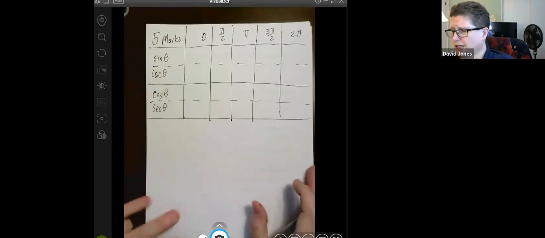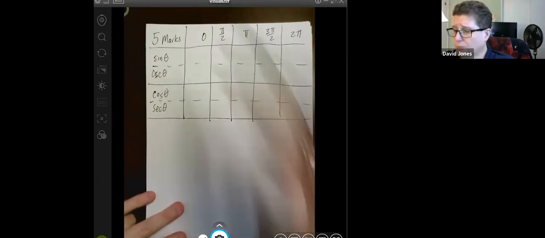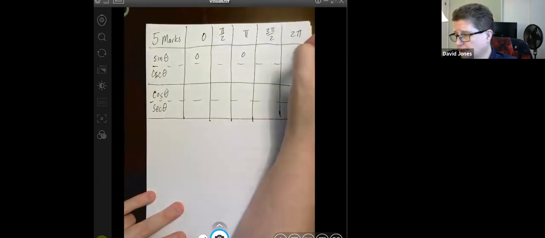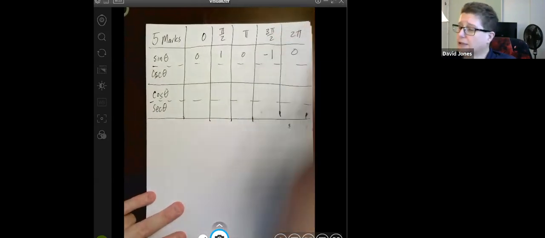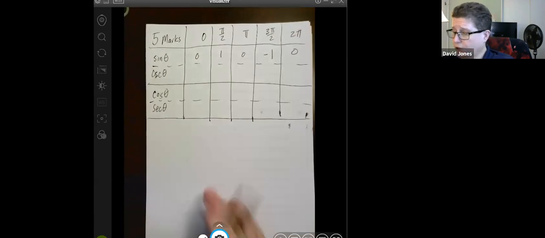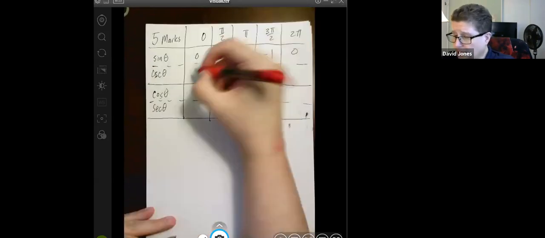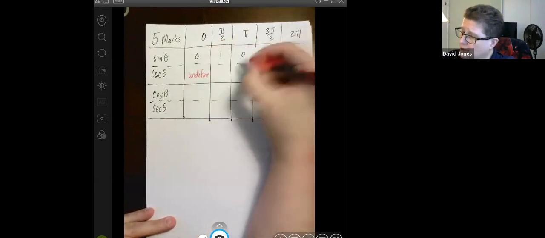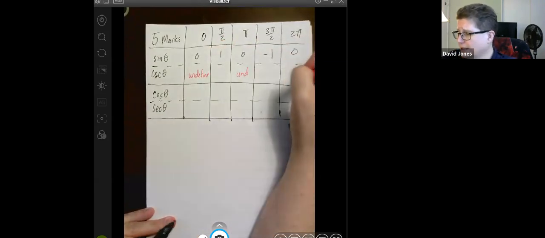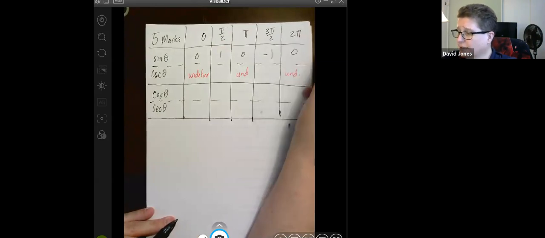Sine theta is 0 at even multiples of pi. It equals 1 at pi over 2 and negative 1 here, 3 pi over 2. When you flip it over, 1 over 0 is undefined. Pi is undefined. 2 pi is undefined.